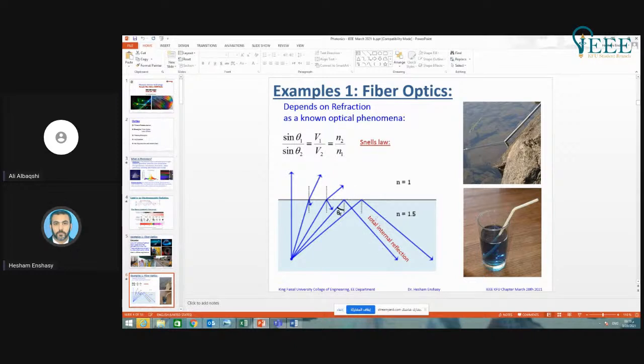This phenomenon is called total internal reflection, and at this phenomenon, light will not be penetrating the surface to the other medium. Fiber optics depends on this phenomenon, which is the total internal reflection, to contain the light inside the fiber.